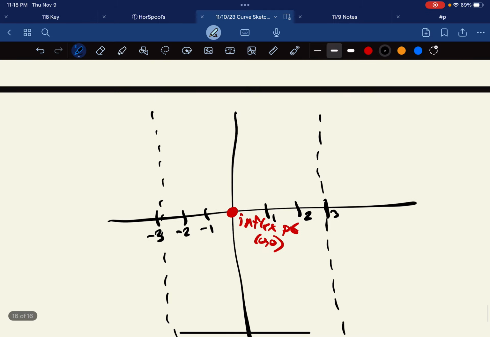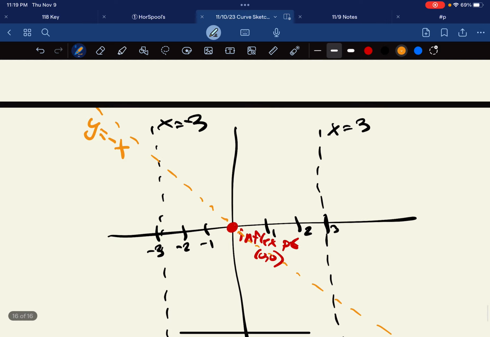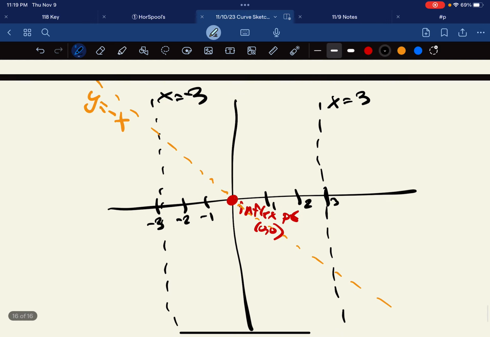And then remember, we have an oblique asymptote. Here, I'm going to write this: x equals 3, x equals -3. And then remember, our oblique asymptote is negative x. Okay, so we got our asymptotes, we got our intercepts.